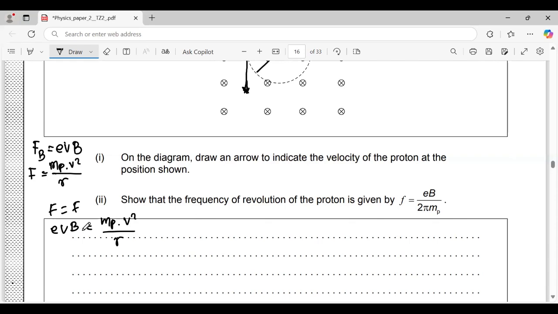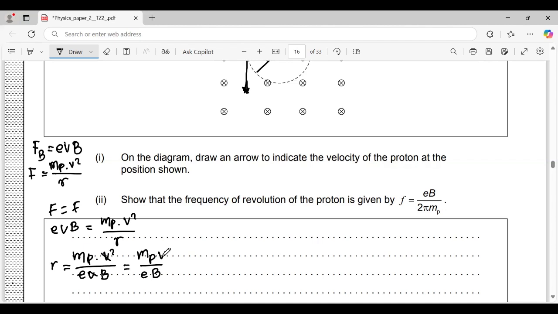To determine f, we need to find r, the radius. If the radius is the subject, we can rearrange this formula to become r equals mp times v squared over e times v times B. Dividing, it becomes mp times v over eB. Yeah, that is the radius.